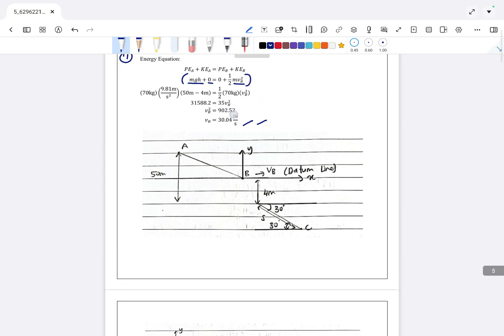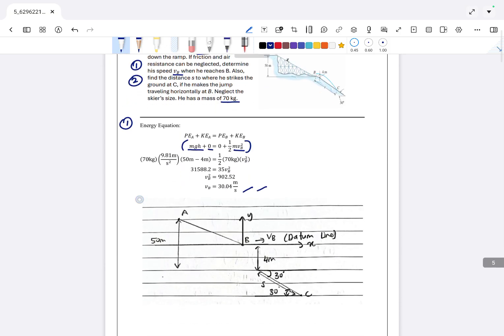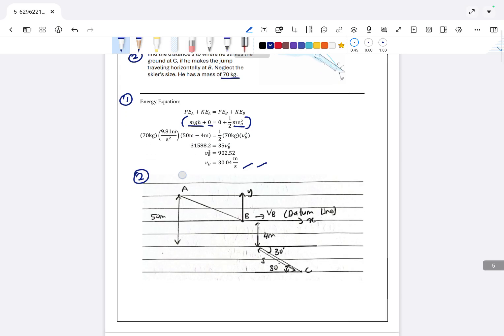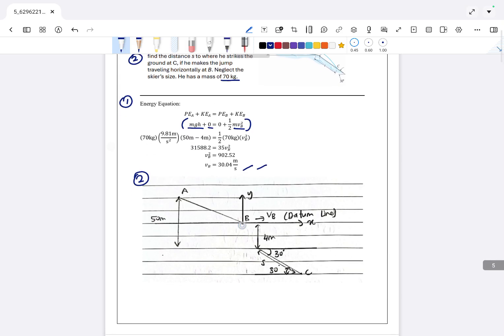And secondly, we need to find the distance of S. To find the distance of S, firstly we need to find the coordinate at point B and also the coordinate at point C. So the coordinate at point B is x equals 0 and y equals 0.